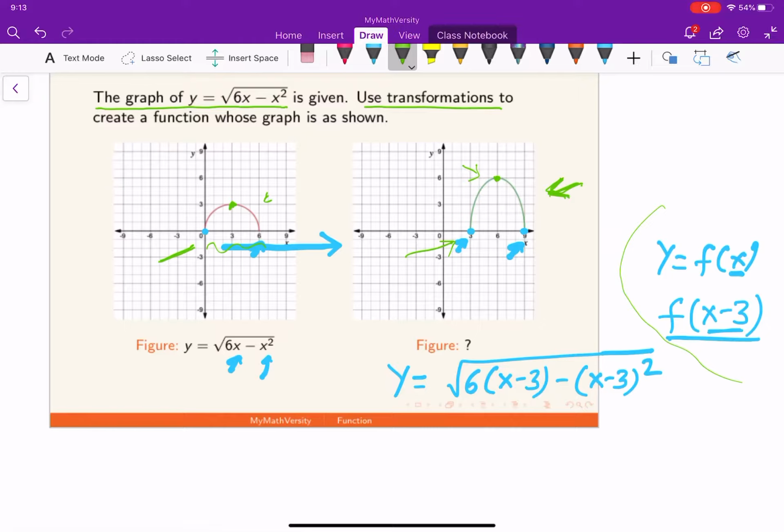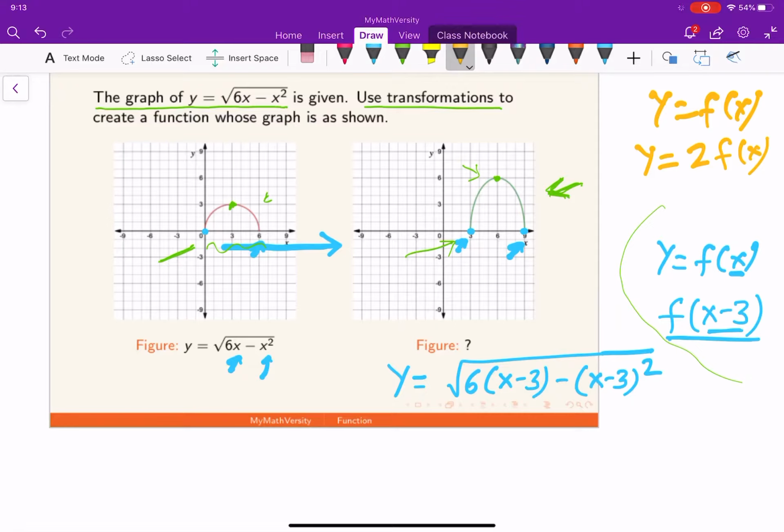And how can that be obtained? We know that if we have y equal to f of x, and some curve is stretched vertically by a factor of something, we just need to multiply by that. So if the curve is stretched vertically by a factor of 2, then this must be 2 times f of x.